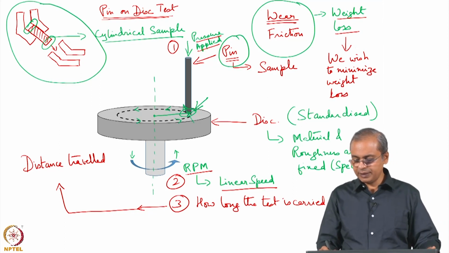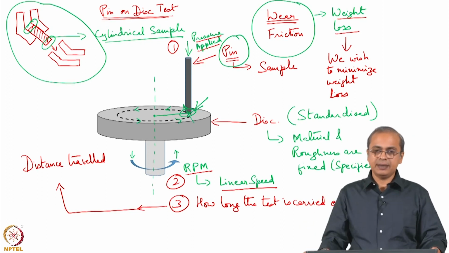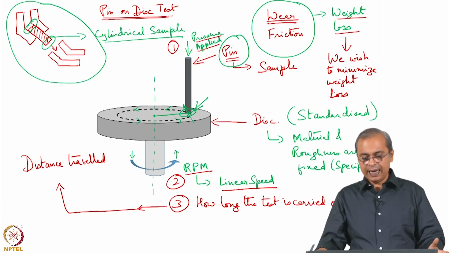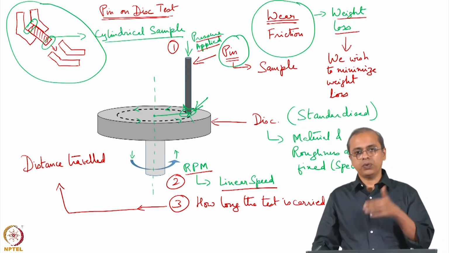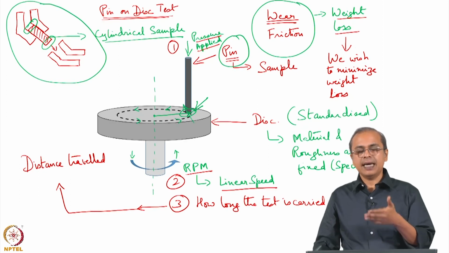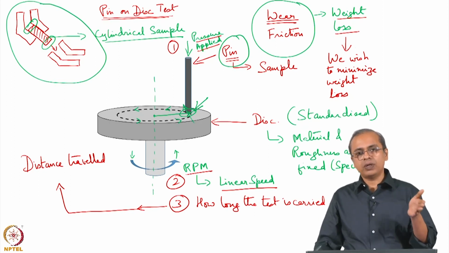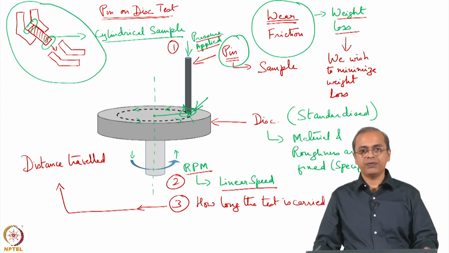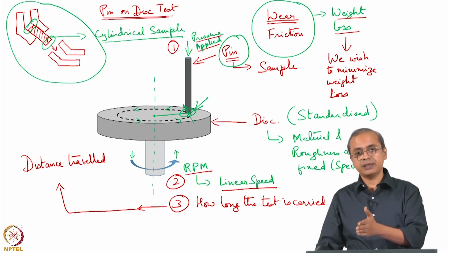Okay, so, we want to minimize weight loss. So, anything you do to the sample and you are trying to say that you have improved it from the perspective of wear, this is what you want to do. You want to run a pin on disk test, and then at the end of the test see what is the weight loss that happened, and compare it against a variety of different samples, maybe the sample before you did some treatment to it, and after you did some treatment to it.